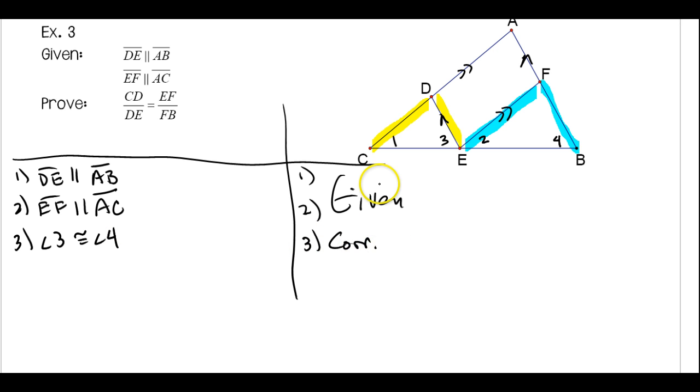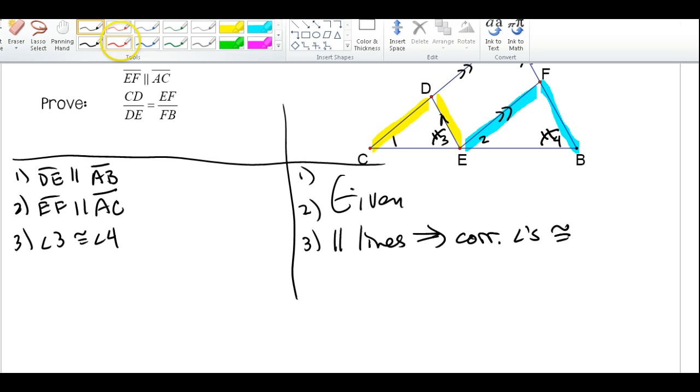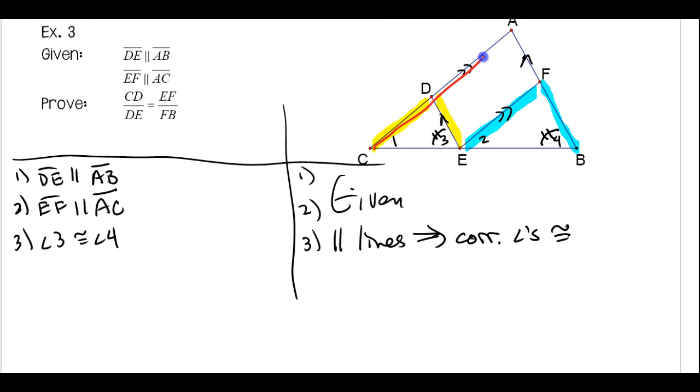Parallel lines implies corresponding angles congruent. So now I've got these congruent, 3 and 4. And then I can see that 1 and 2 are also corresponding angles, so here's this side and this side, those are parallel.